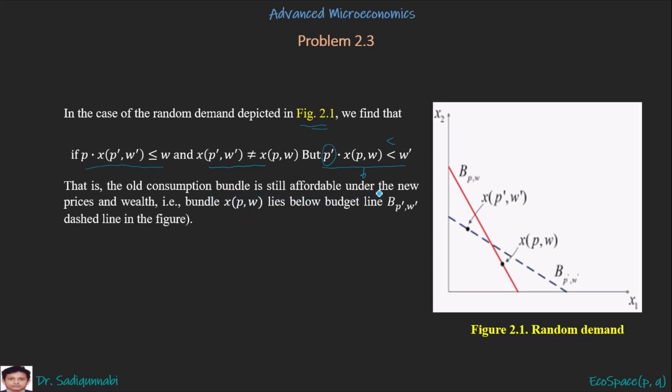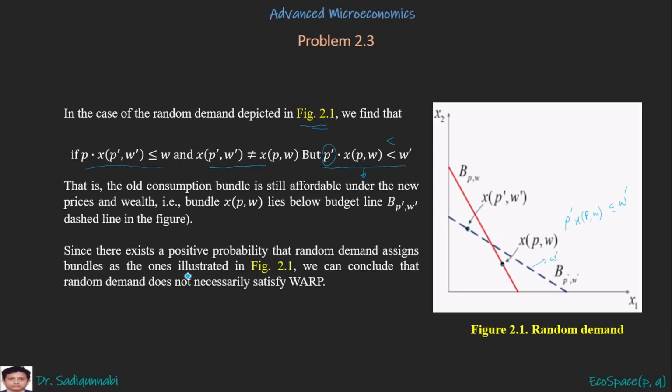So this is the old affordable bundle and this is the new price line. This bundle is under the dashed line. That means P prime times x at P W is less than W prime. This is W prime. And this one is also affordable. So if this is the case, then WARP is violated. Simple as that.